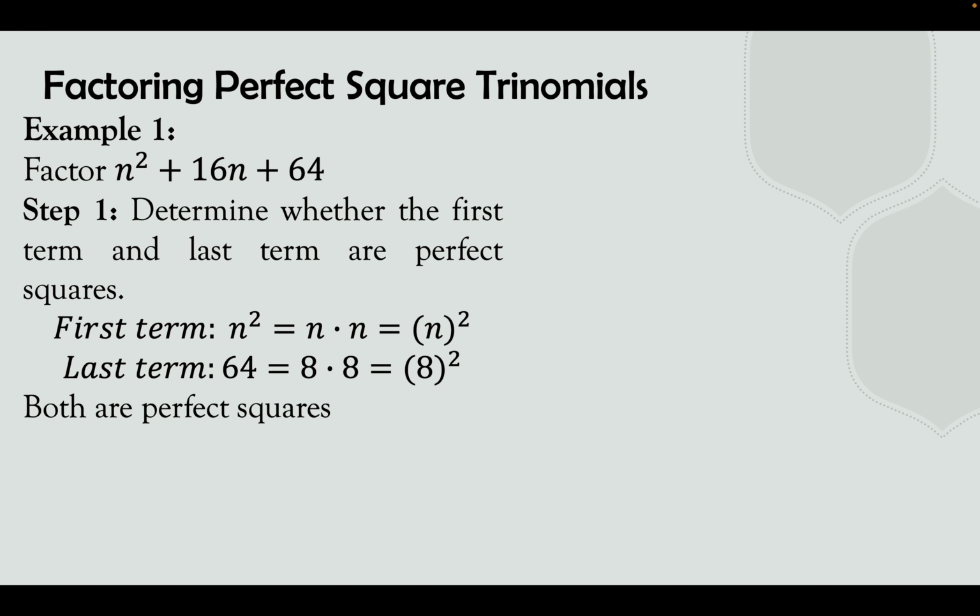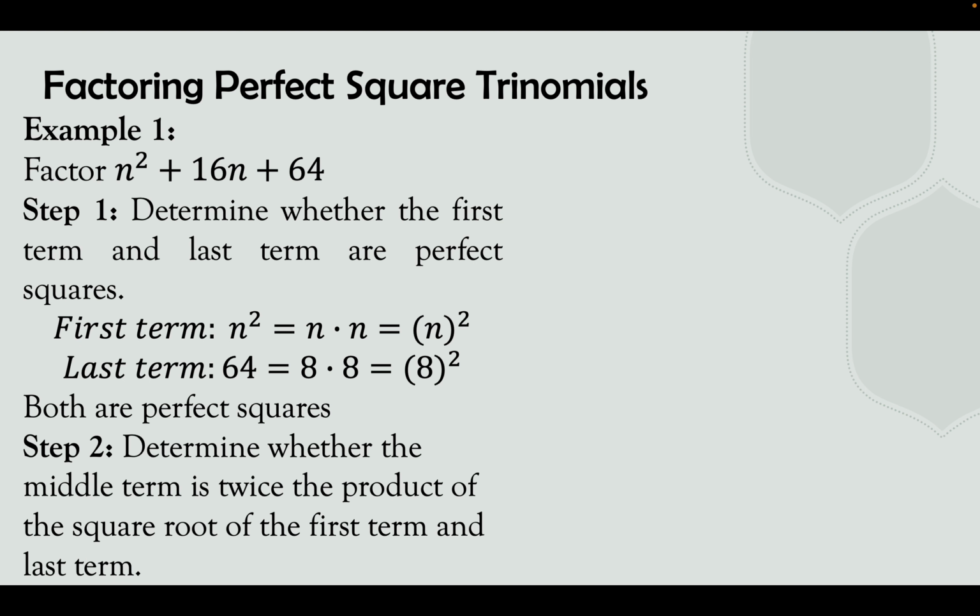Both are perfect squares. Step 2: determine whether the middle term is twice the product of the square roots of the first and last terms. Our first term is n and the last term is 8. Twice the product of n times 8 should give the middle term, 16n.